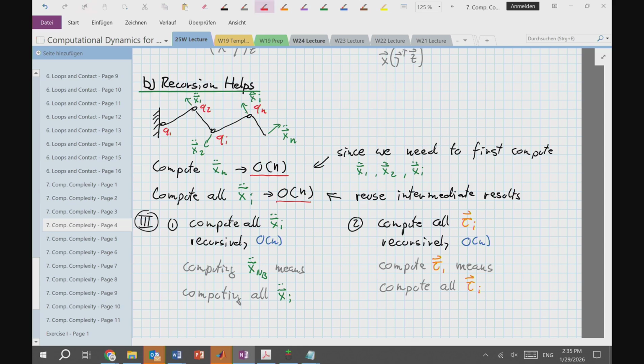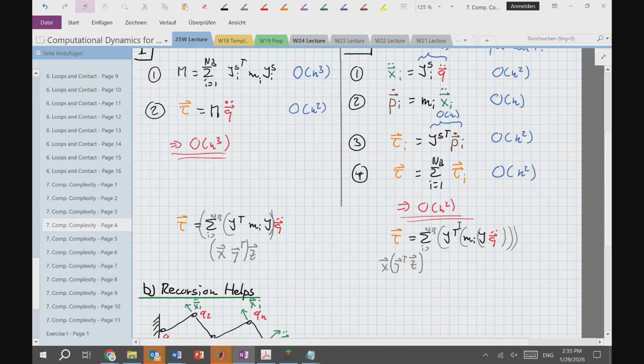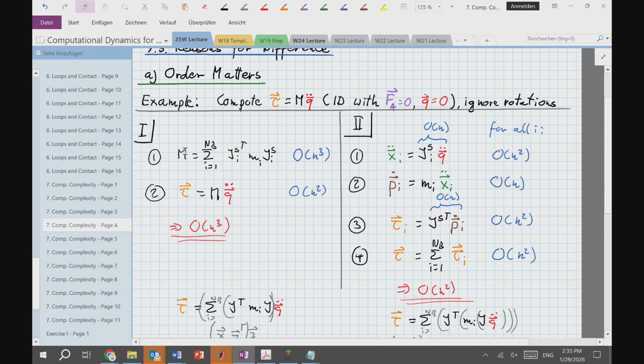Because of that, we can break this down to an order n algorithm. Changing the order of computation allows us to go down to order n square, and then not using Jacobians, but doing these calculations recursively gets rid of an order n square.